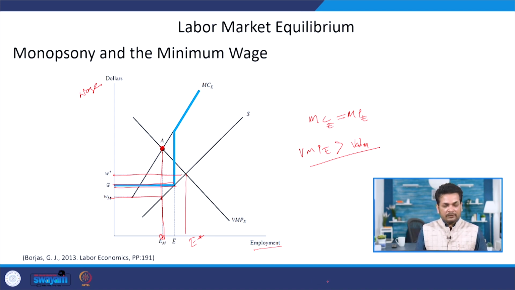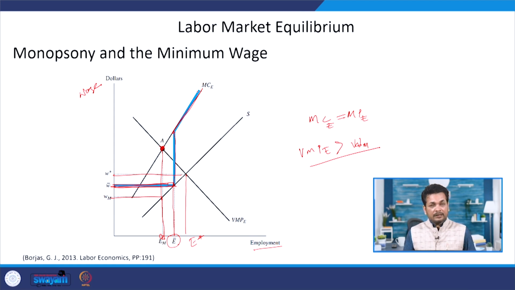So, the supply curve becomes perfectly elastic because the firm has to pay W bar wage rate. Considering this wage rate, the firm has to employ E bar amount of employment. If the firm is going to employ more workers than this E bar, then the firm has to pay as per their marginal cost. So, the marginal cost function will then be upward sloping after this point.